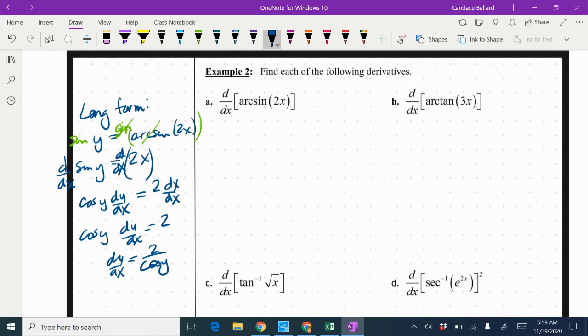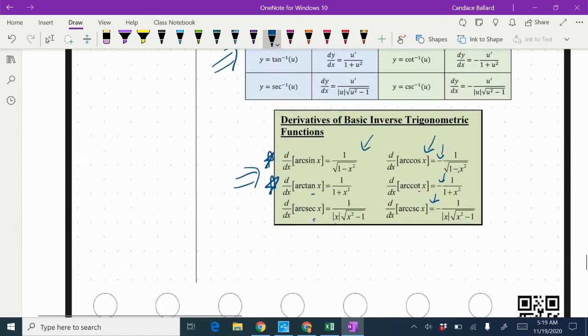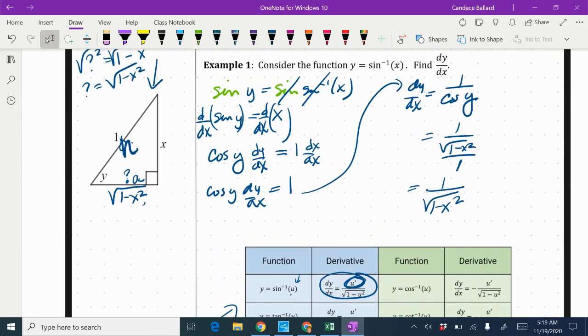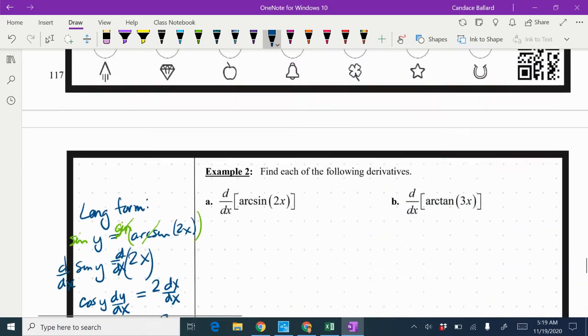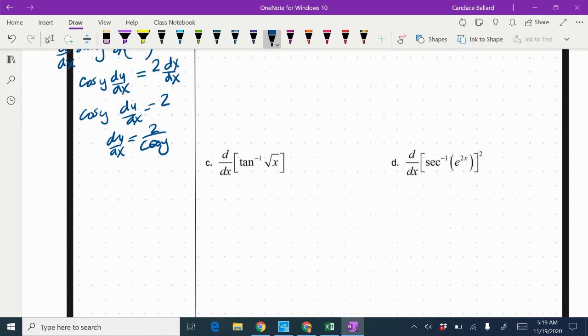And as we learned in example 1, I can replace the cosine of y with the adjacent leg over the hypotenuse in that right triangle. So we've got dy/dx equals 2 over the square root of 1 minus, let me go back and look at that.